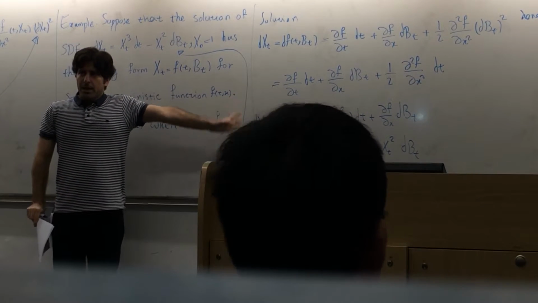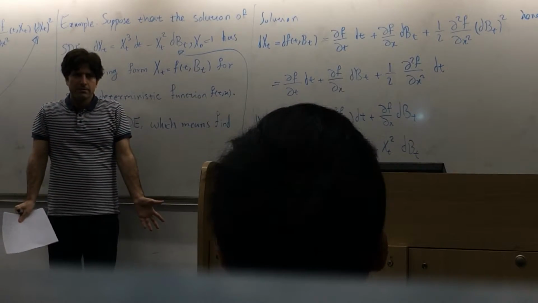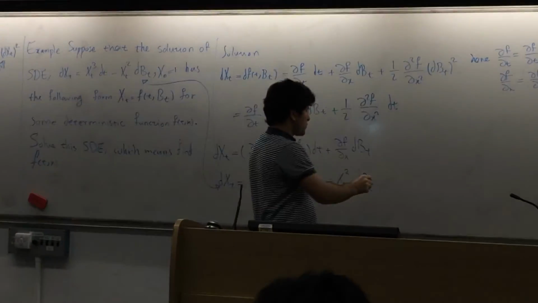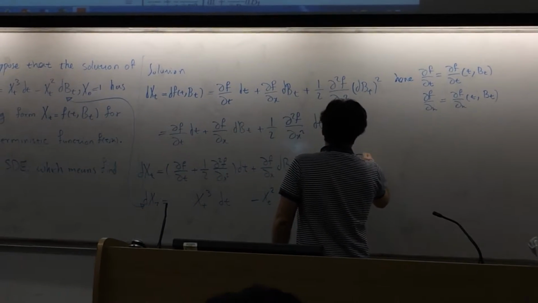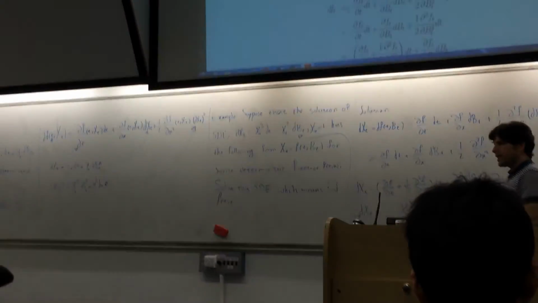So on the left-hand side, I have dxt. So the right-hand side must match as well, right? So these two equations must match as well. So if this is true, then from these two equations, I will get that partial derivative of f with respect to t plus half of second partial derivative of f with respect to x squared must be equal to xt cubed, so this must be equal to f cubed. This is one equation.